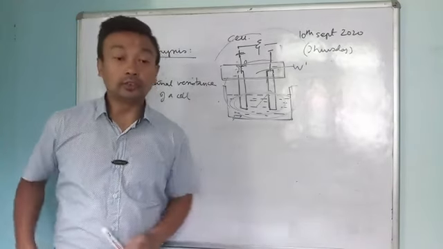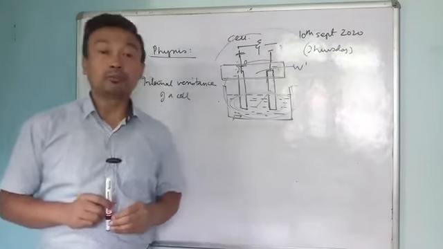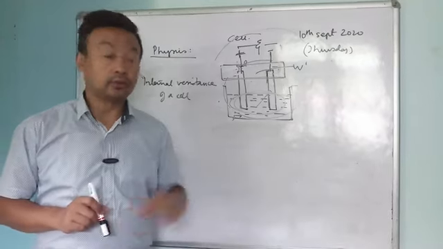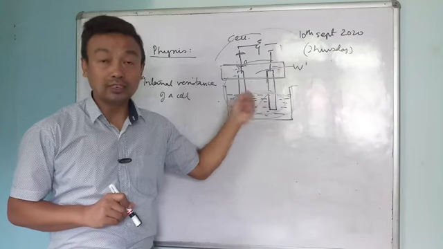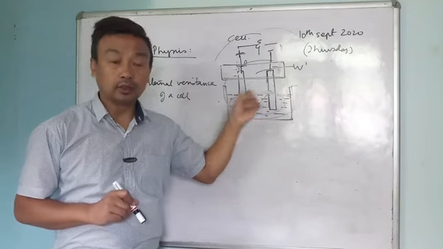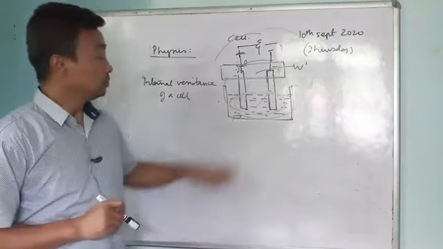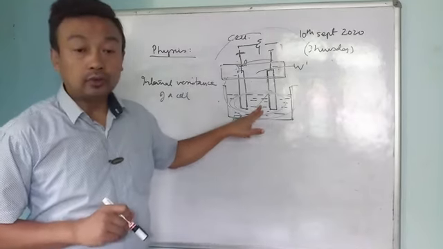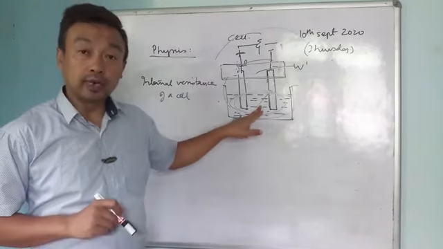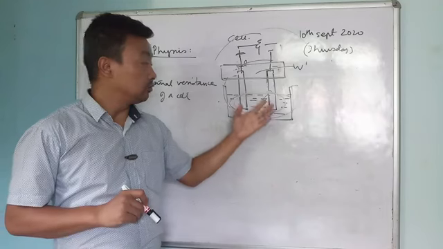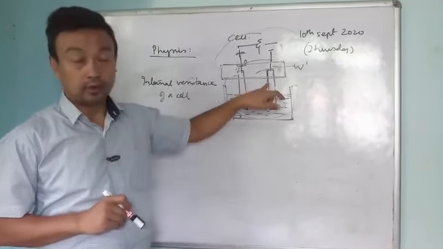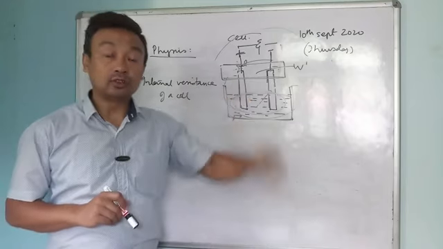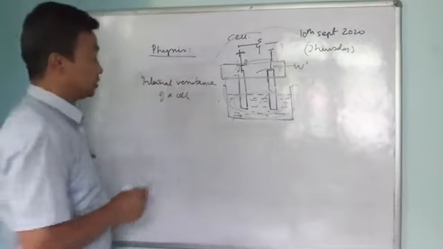The resistance offered by the electrolyte inside the cell to the flow of current is called the internal resistance of the cell. Because there is a current flowing.